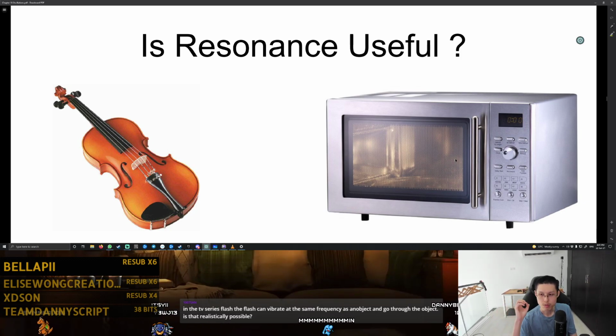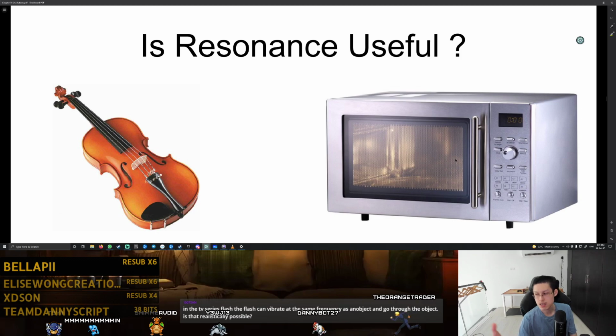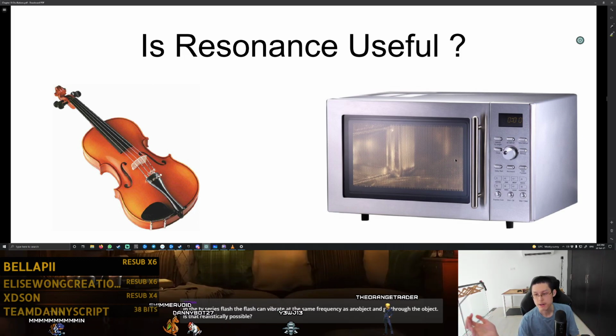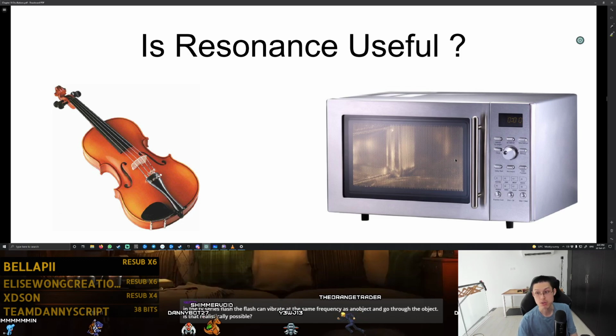So when you blast water molecules with microwaves, they start to vibrate and the amplitude increases. Later on in A2, you will learn that the temperature of an object is directly proportional to the kinetic energy of the object. So as the amplitude increases, the kinetic energy also increases, and then the temperature goes up.